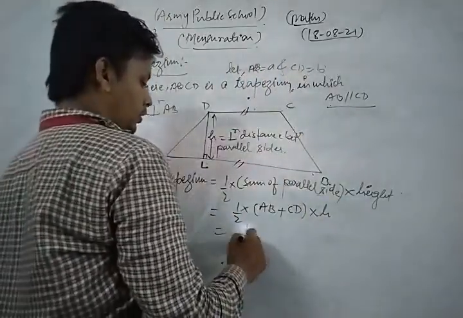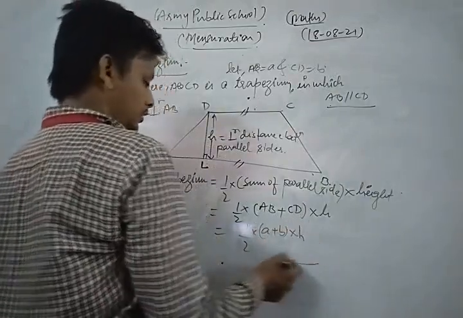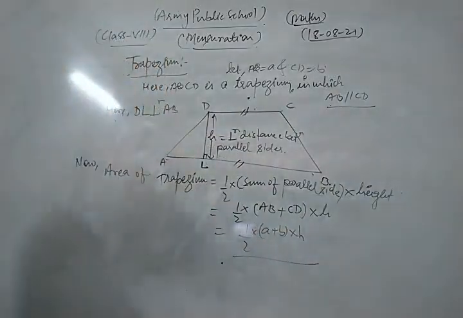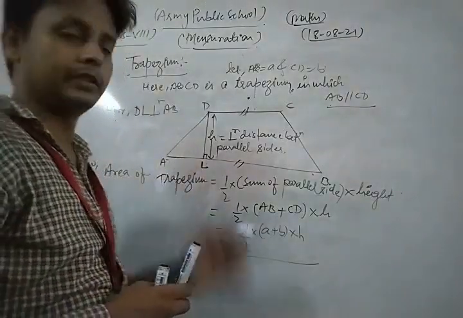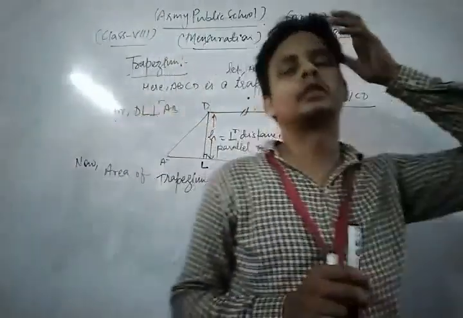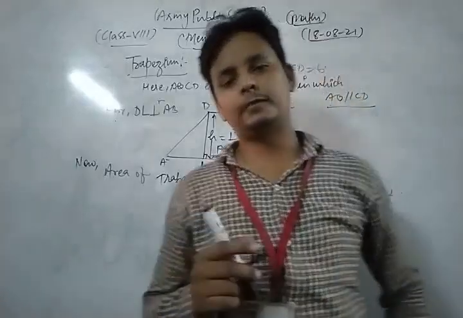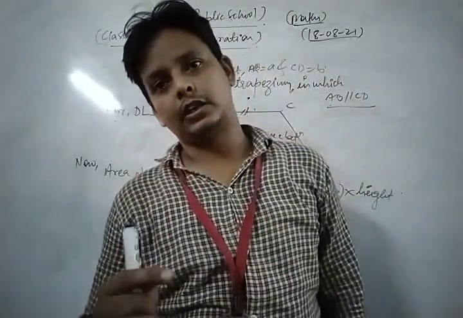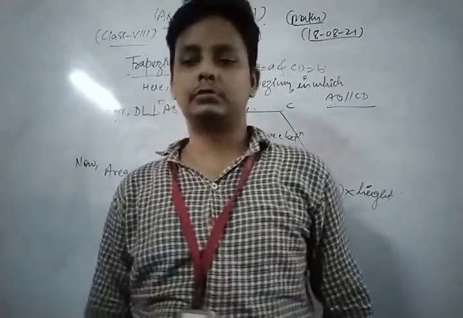Then the area is 1 upon 2 into (a plus b) into the perpendicular distance between them. So this is the concept of the trapezium. This is one of the most important formulas related to the topic. First you learn the formula related to the trapezium. After that you can solve every question of your NCERT exercise based on this topic.